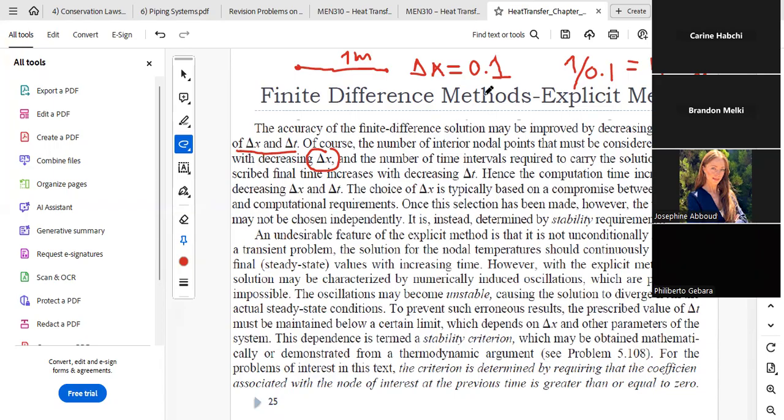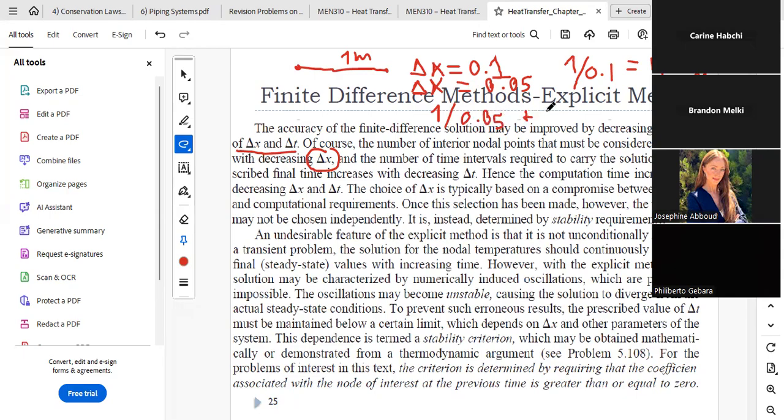Okay, now if we consider a smaller value of delta x, so if I take delta x equals 0.05, then the number of nodes, of course, will increase. The number of nodes that I will use is 1 over 0.05, which is 20, plus 1.